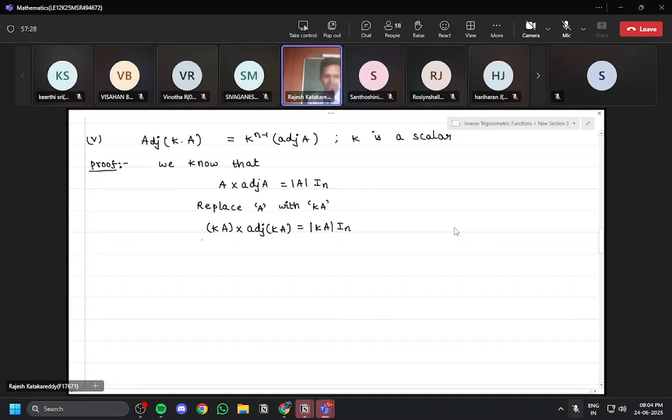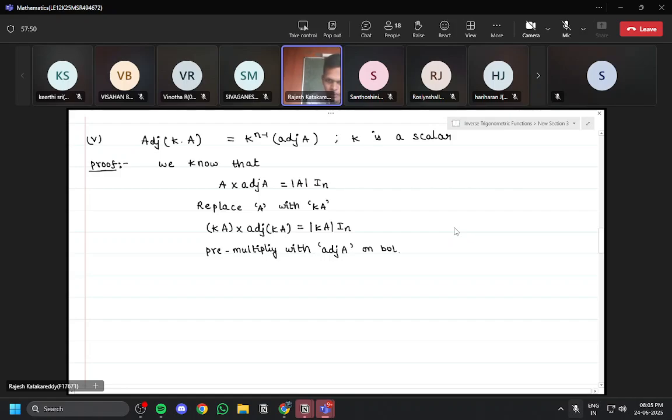Right? So now pre-multiply, pre means in the beginning, with adjoint A on both sides.